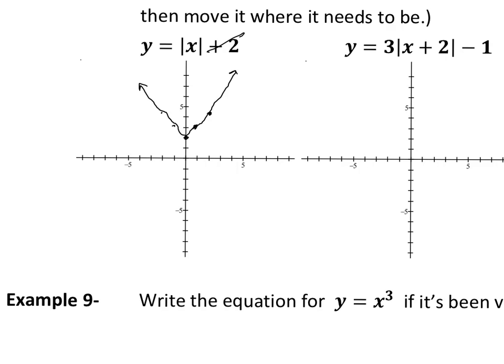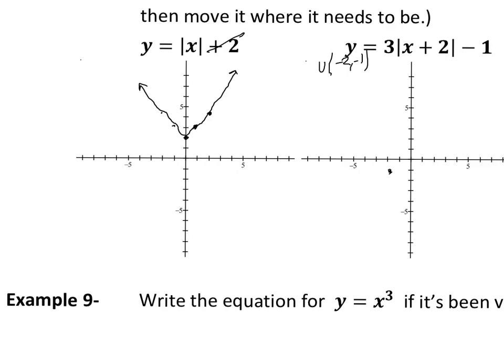Okay. All right, next one. Y equals the absolute value of 3 times the absolute value of x plus 2 minus 1. So where is our vertex? How is this shifted? Our vertex is at -2, -1. Correct. There's our vertex. Now I go right 1, and do I go up or down?